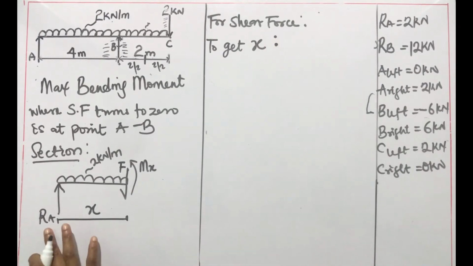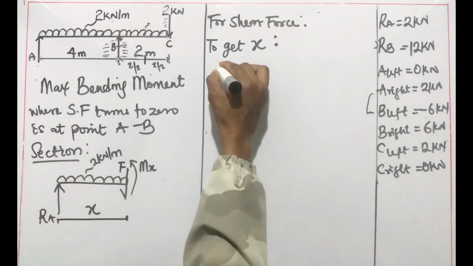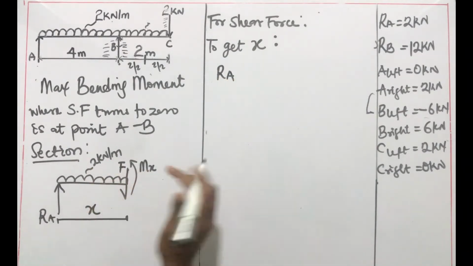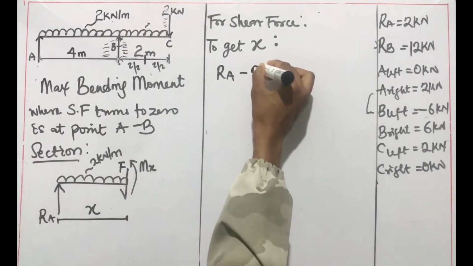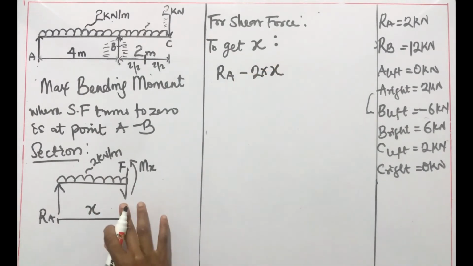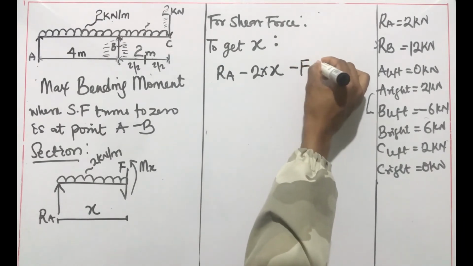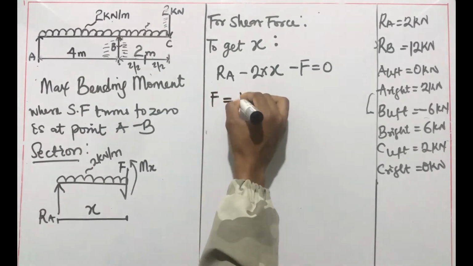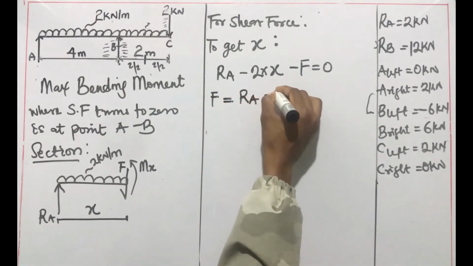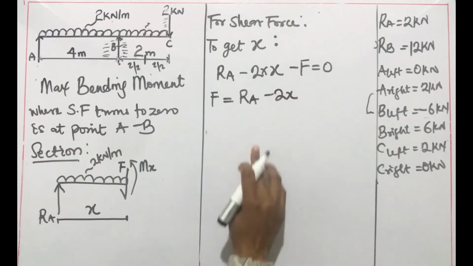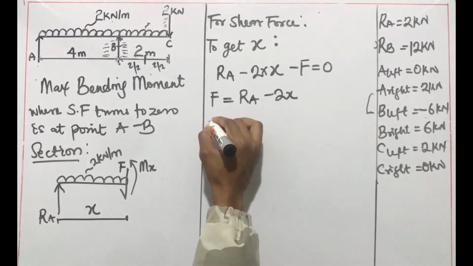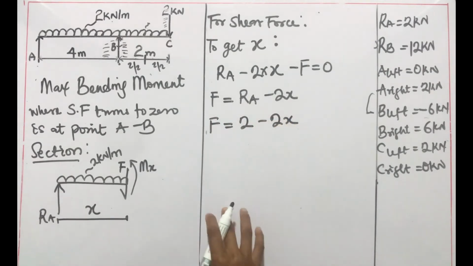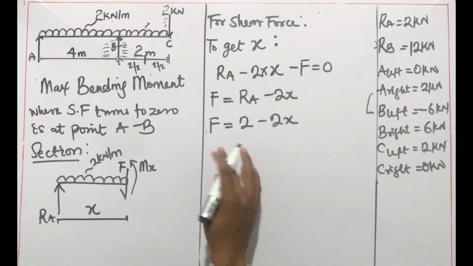So we have 3 forces: RA, our UDL, and F, which is the shear force. So we have RA minus 2 times x, converting the UDL to a point load by multiplying by its distance, minus F equal to 0. We're going to make F the subject of the formula. For maximum bending moment, F is 0. So we're going to substitute F for 0.